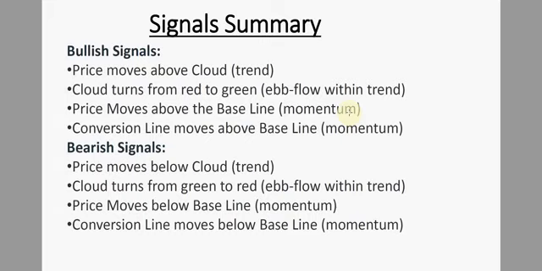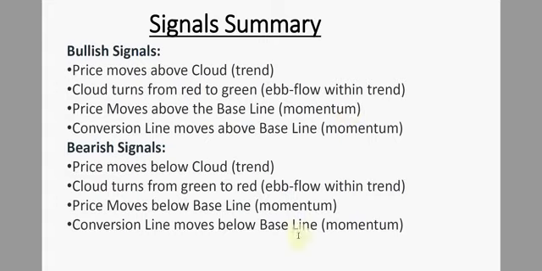Secondly, when the cloud turns from red to green, it means the trend is changing, the momentum is going towards bullish. When you see price move above the baseline, that's a bullish signal. When you see the conversion line move above the baseline, that's a bullish signal.